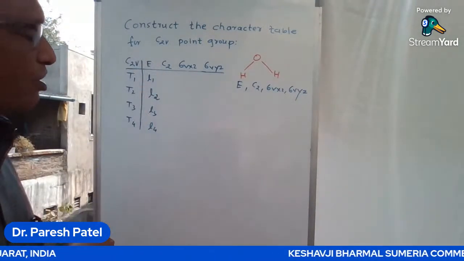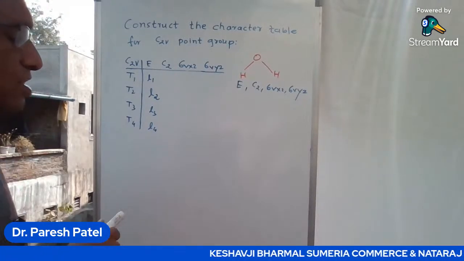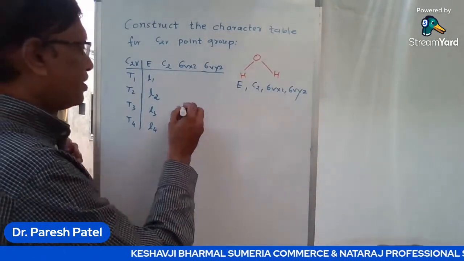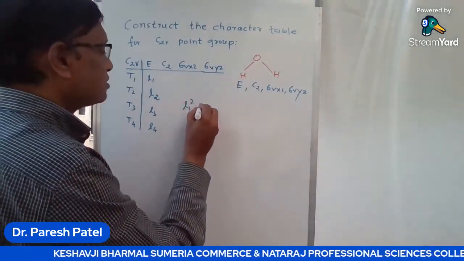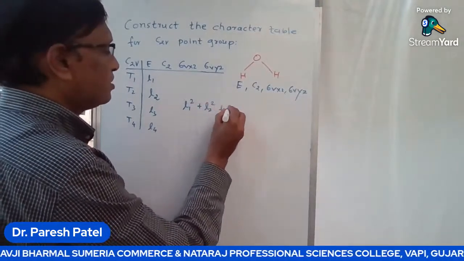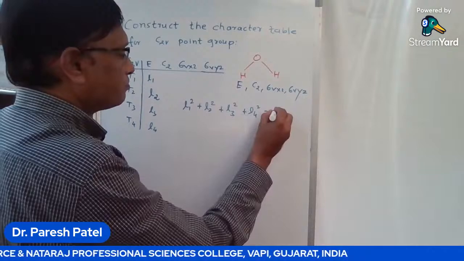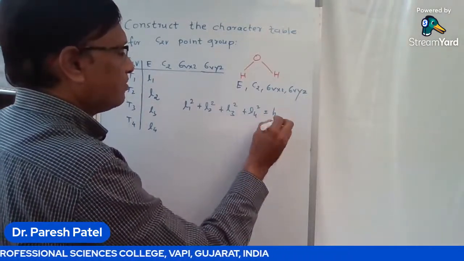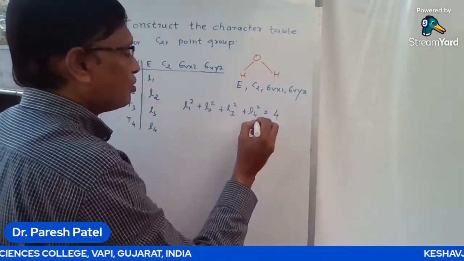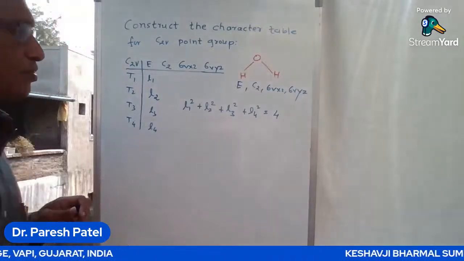So we can represent it as L1 square plus L2 square plus L3 square plus L4 square is equal to the order of the group. In the case of the water molecule, the order of the group is equal to 4.